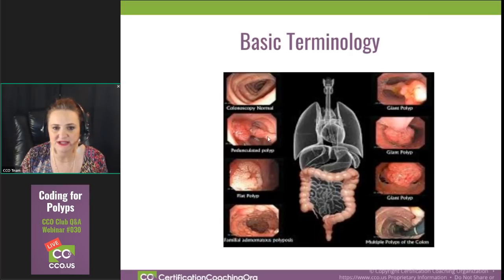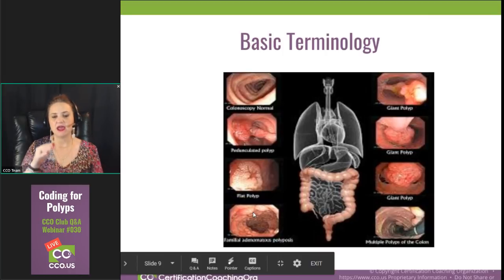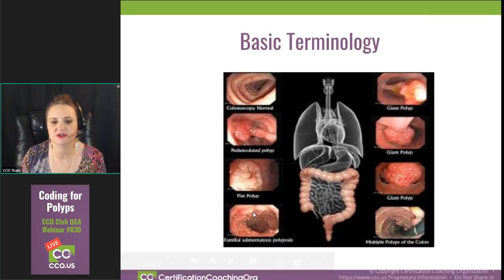Pedunculated polyp, you can see, look, it has this stalk involved. So this is that polyp that I was stumbling on how to say, adenomatous, or it's not how you say it, but you know what I'm trying to say. That's this particular type. So go ahead and do some more research on those.